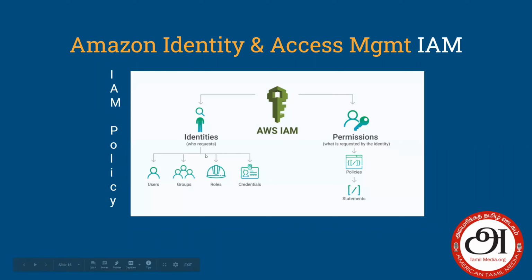What is this picture saying? It says on the left side there are identities like users, and on the right side there are permissions, right? Allow, deny, on what resources, and all. On the left side, the identities are users that can belong to groups and that can have multiple roles, and it can have individual credentials, right?